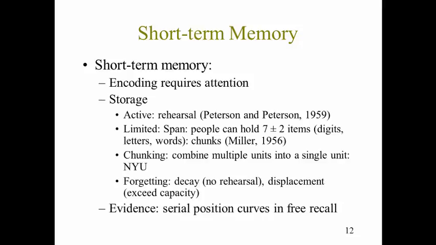But for us, because we know NYU, NYU might just take up a single slot. So what is a unit of information is a flexible term, and you can chunk different bits of information into a single unit, which effectively expands the span of short-term memory.